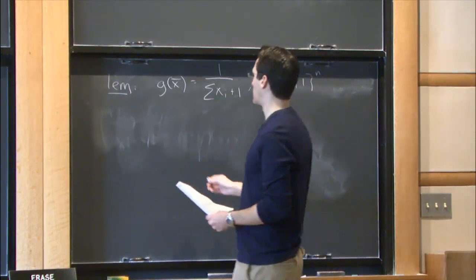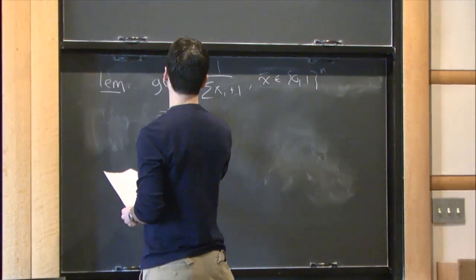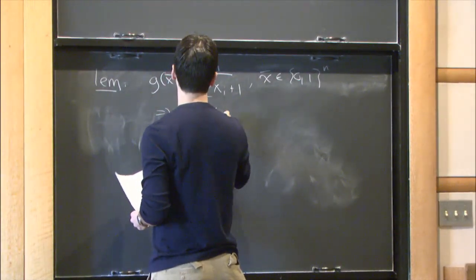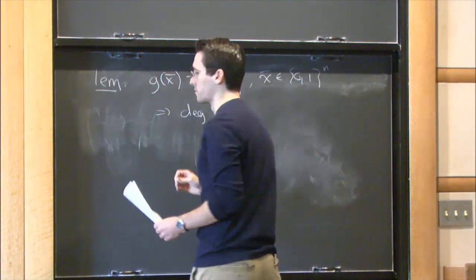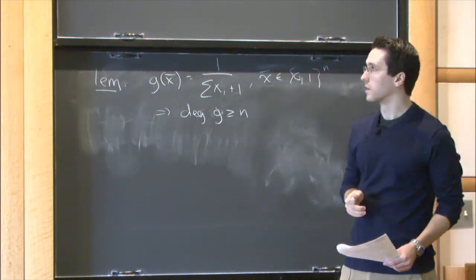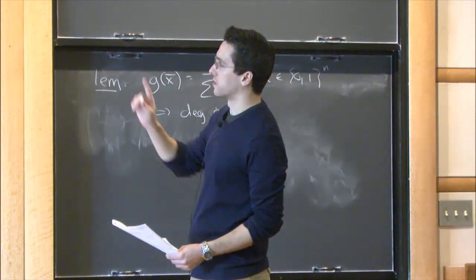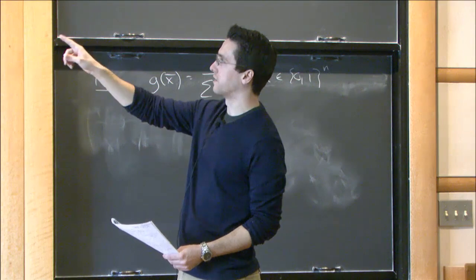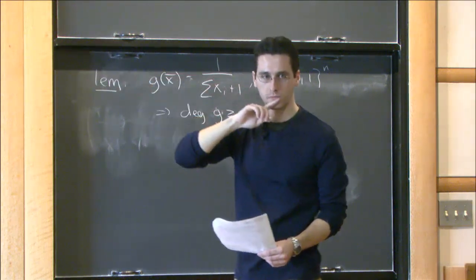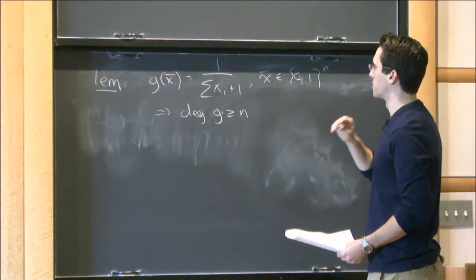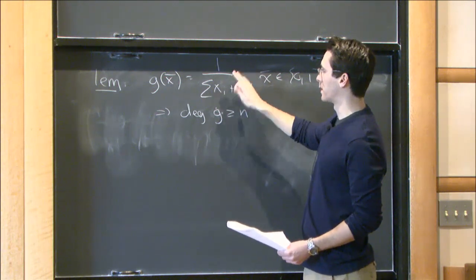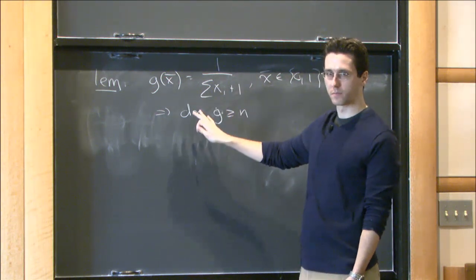I want to say that this implies that the degree of g is at least n. I'm going to look at the subset sum one, and then lift it to the inner product. So I want a functional lower bound for subset sum in terms of degree.